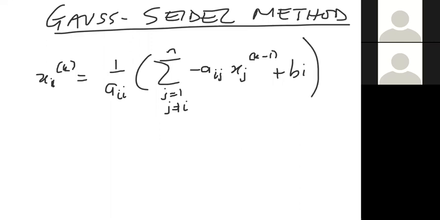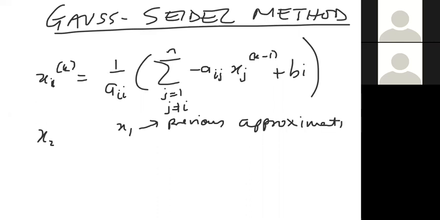You can write it in that form. Now, when I want to move on to x2, for example, I need to make use of x1, which I found from the previous approximation.